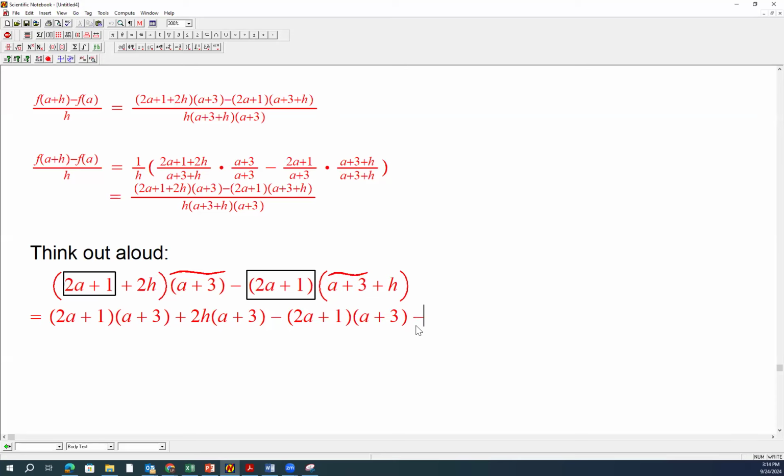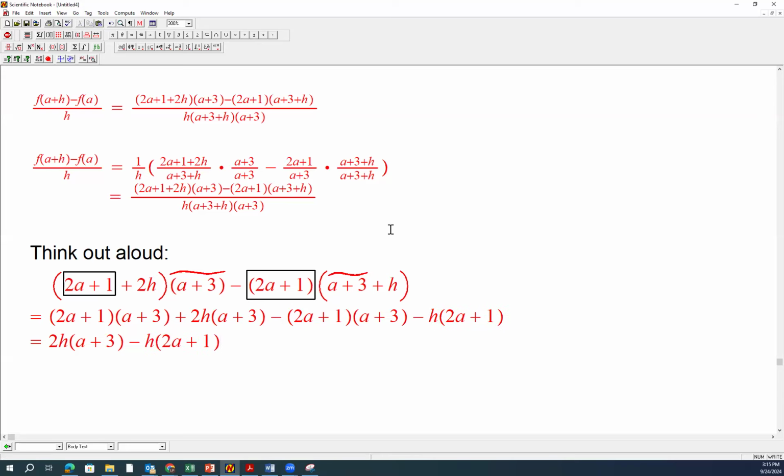So we get another subtraction of 2a plus 1 times h. So h times 2a plus 1. See what we got? This piece and that piece are opposite, so we got 0. This term and that term are gone. We only have these 2 left.